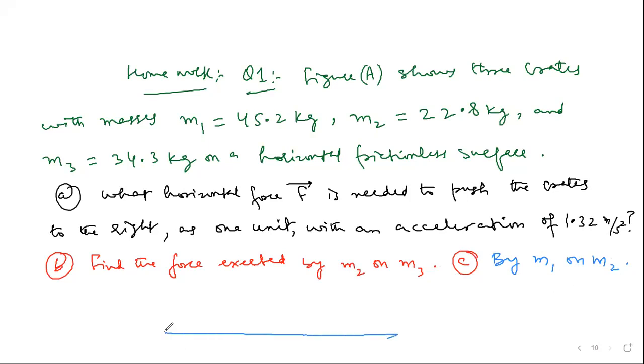This is the figure. So I have 3 blocks. Block 1 with mass M1, then block 2 with mass M2.